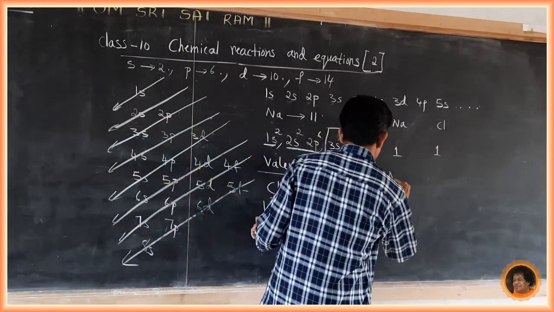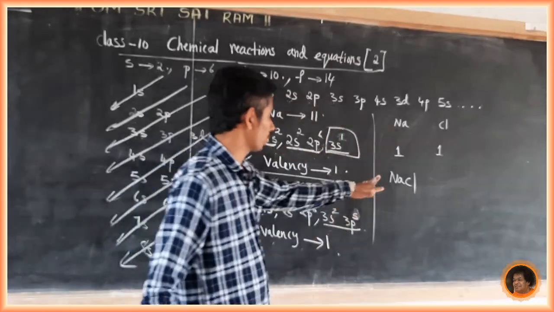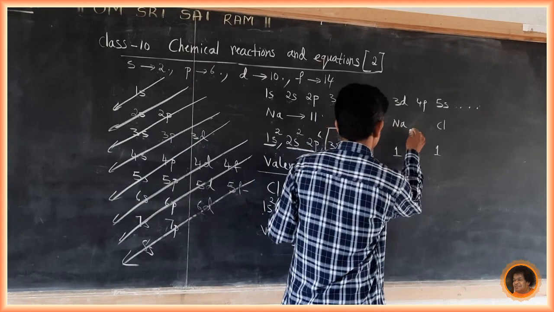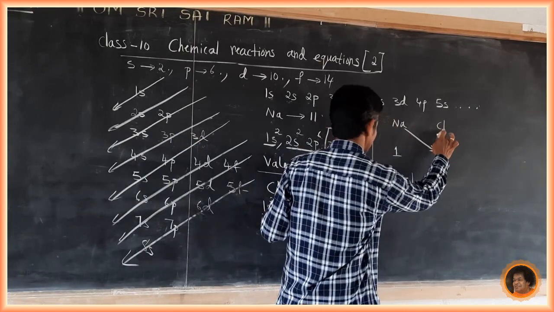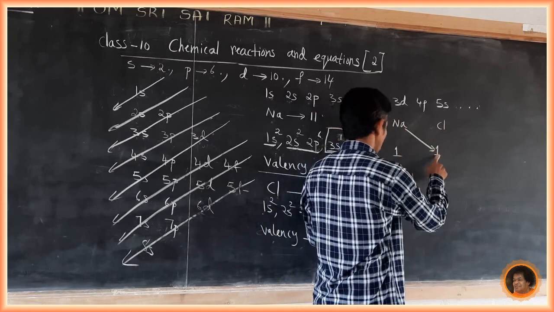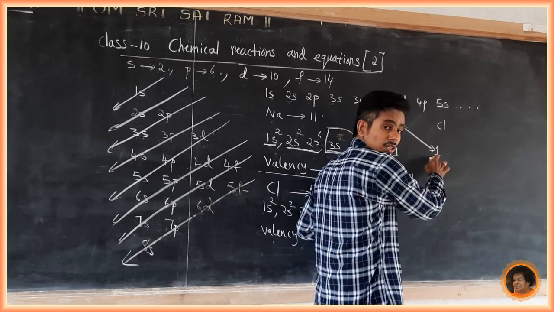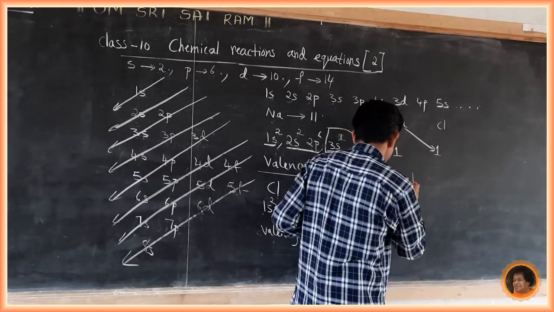Now, sodium and chlorine together, because sodium reacts with chlorine, it gives sodium chloride. For sodium, write the valency of chlorine. That is, Na gets the valency of chlorine. So, Na1.